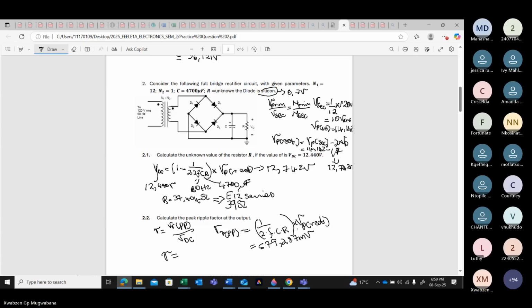Now, this is how you must write your equations. Even in that textbook of yours, there is an example of this bridge rectifier.